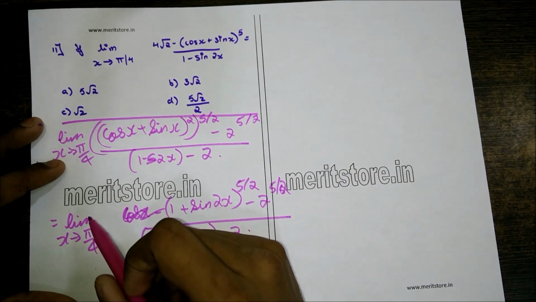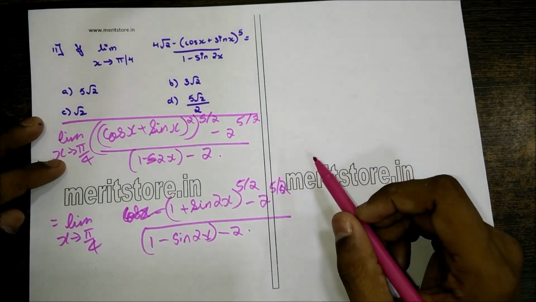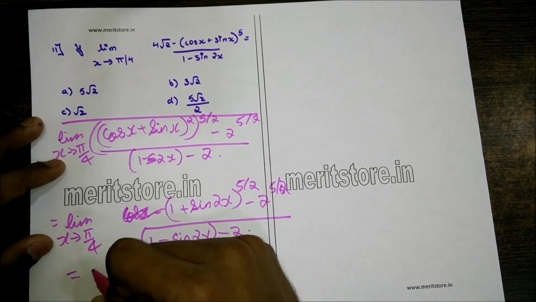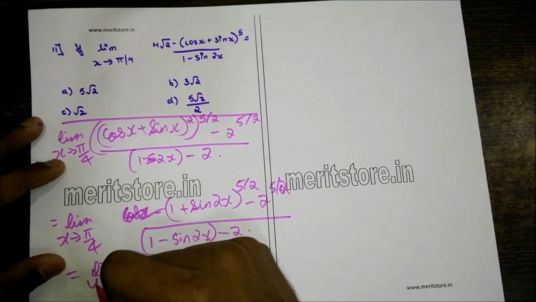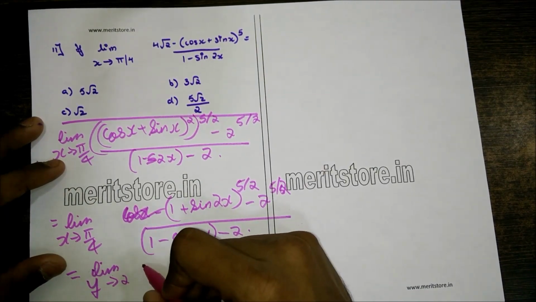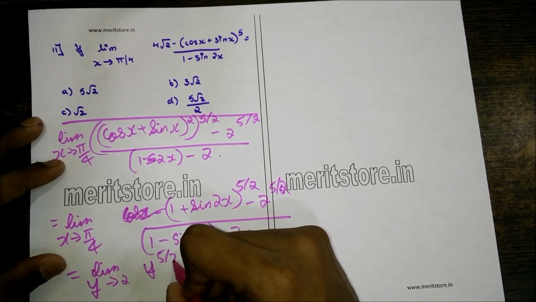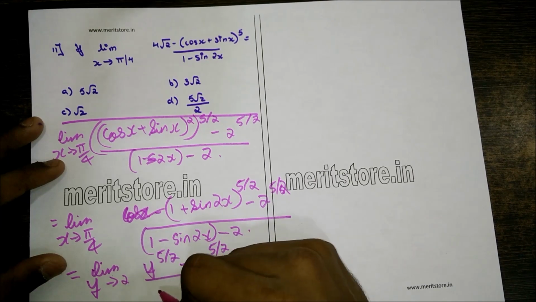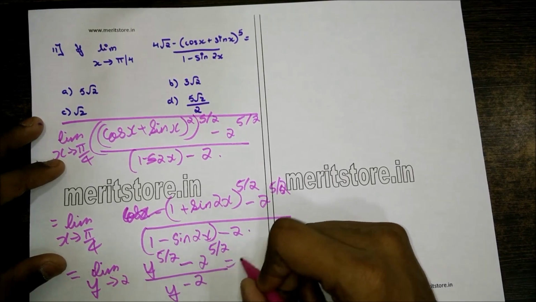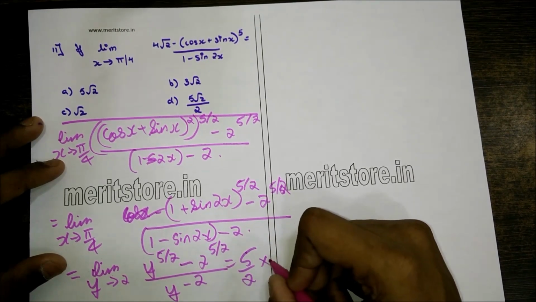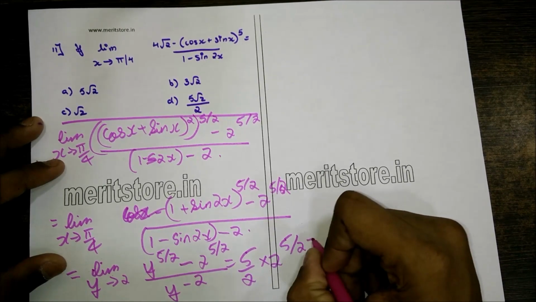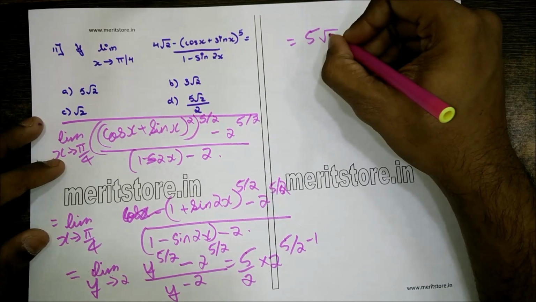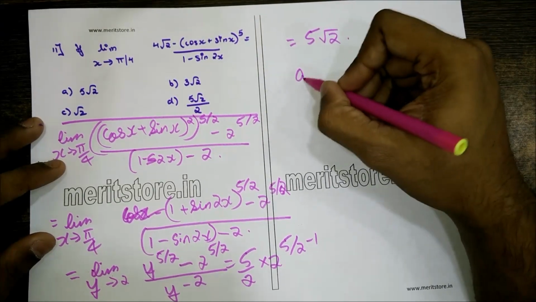We can replace x by y and pi by 4 by 2. That gives us limit of y tends to 2 y raised to 5 by 2 minus 2 raised to 5 by 2 upon y minus 2, which is 5 by 2 into 2 raised to 5 by 2 minus 1, which is 5 root 2, which is option A.